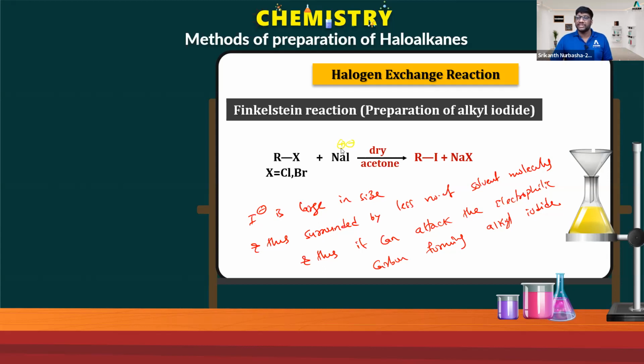So I minus, being less surrounded by solvent molecules, can act as the nucleophile, and this halogen exchange reaction happens. Finkelstein reaction produces the respective alkyl halides. Is that clear to everyone or not?